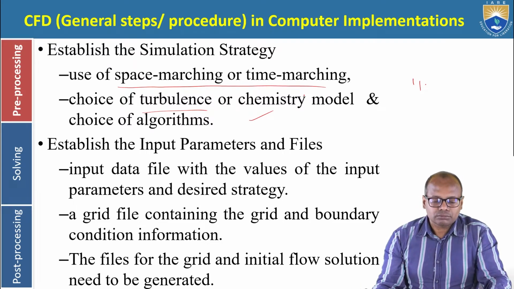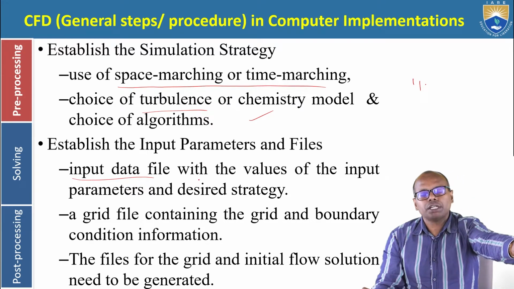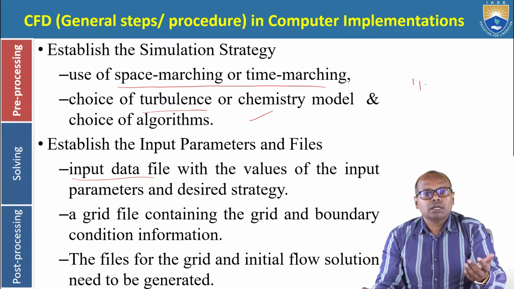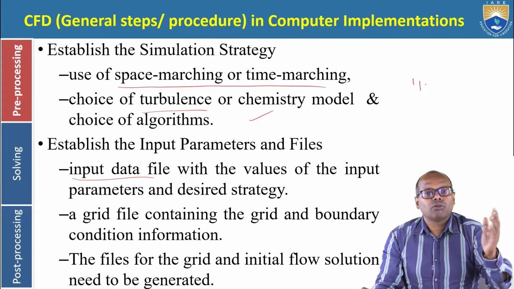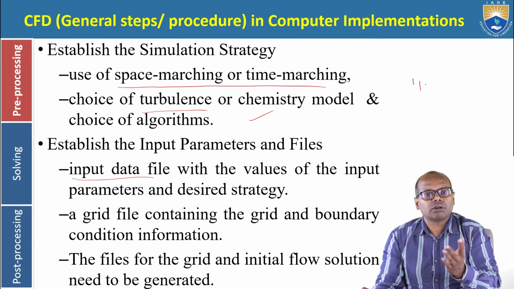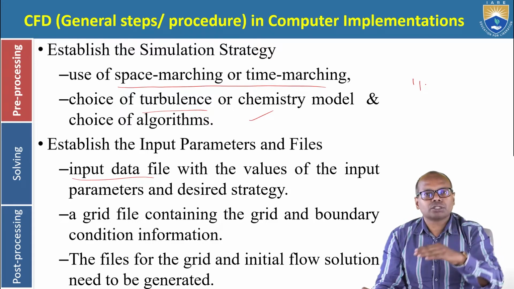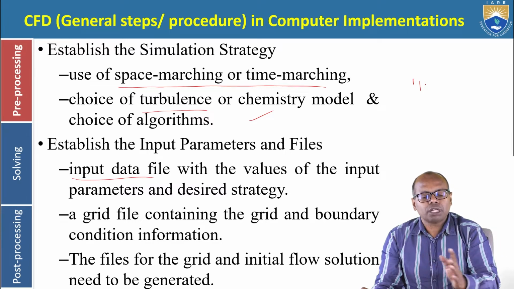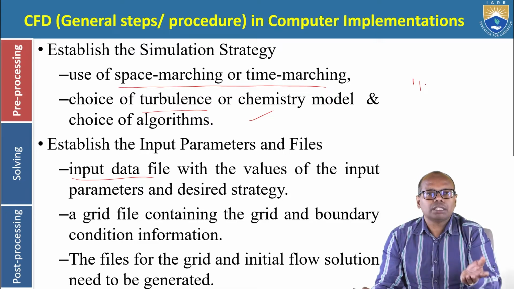Next, we have to give the input data to the file. Already, before stepping onto the system, we have identified the inputs: the inlet velocity, the pressure at outlet, the surface roughness values. All those input values we have to give, and we have to supply the grid.